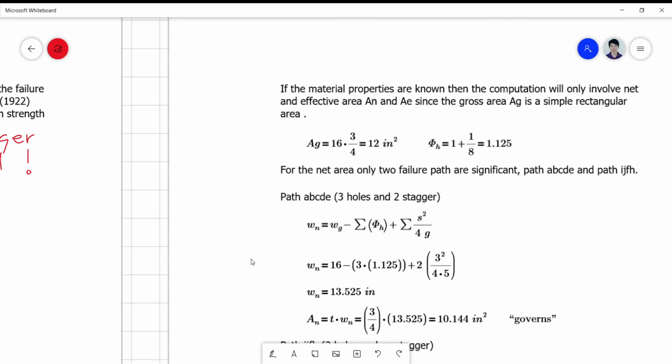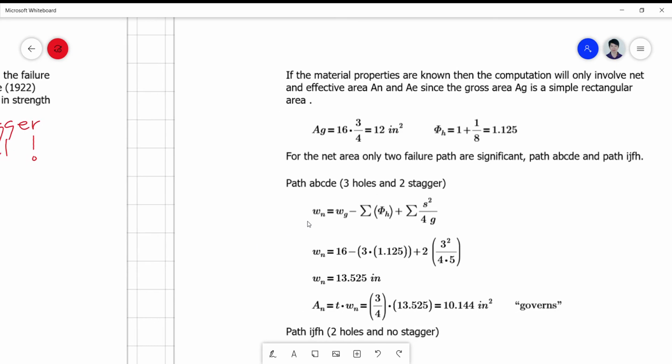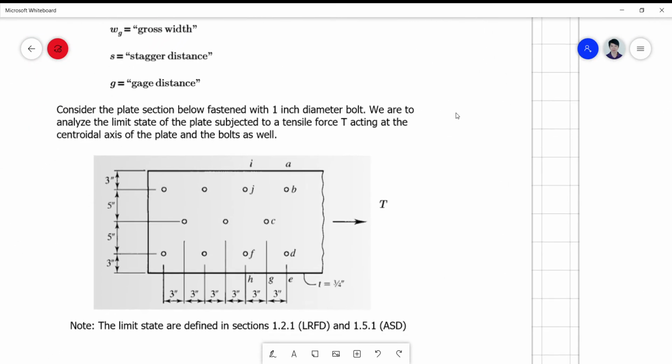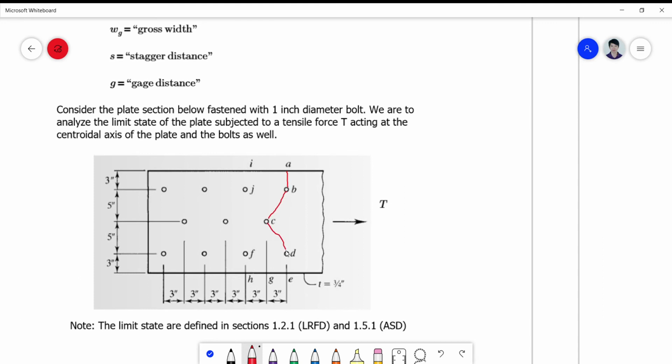For the net area, only two failure paths are actually significant because the pattern is repeating. That is path ABCDE and path IJFH. So A, B, C, D, and E, and IJFH, where this path continues to F and then exits at H. The other possible paths are the same as these two paths presented.